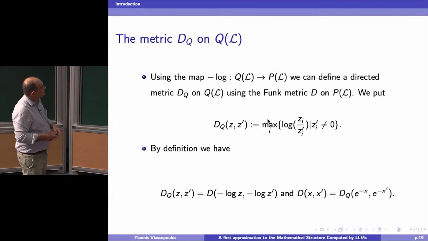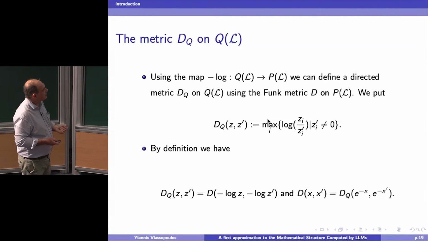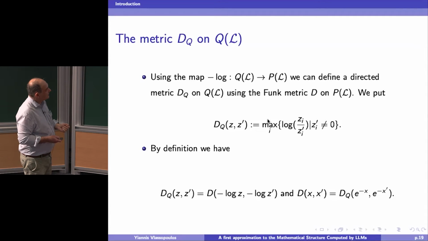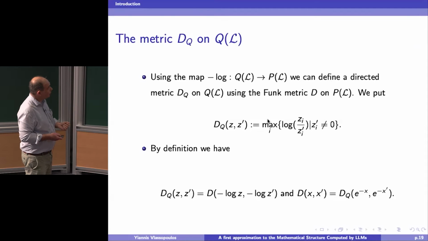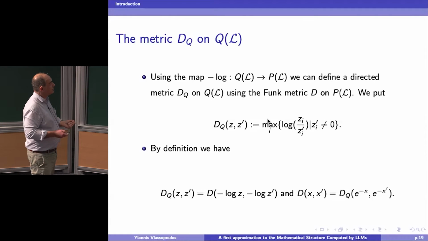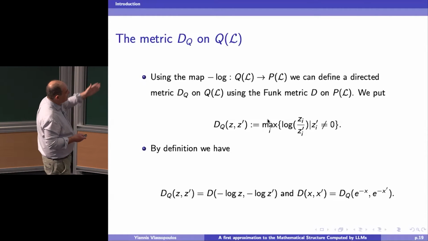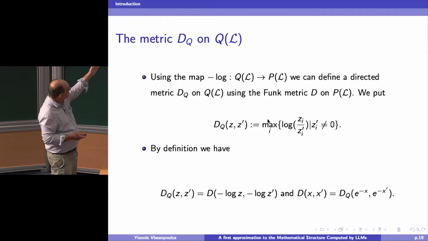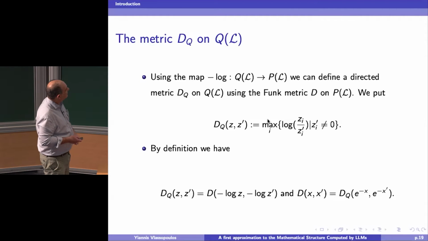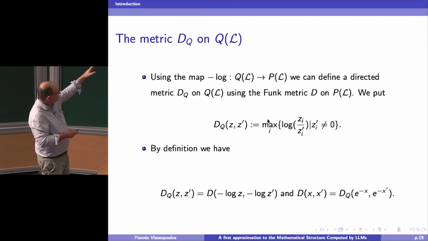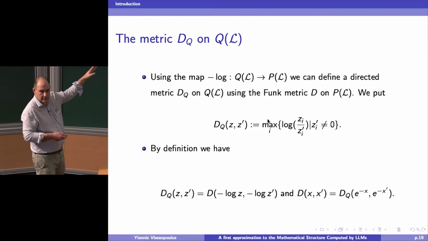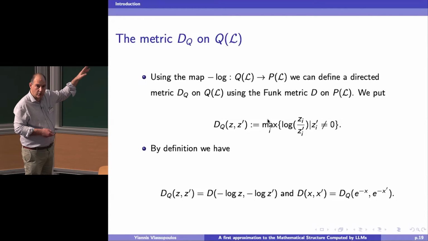And then, of course, you can define the func metric, which defines a metric on this polyhedral cone. So this is actually a directed metric cone also. If you just directly apply the map minus log, you will get that this is the metric on this polyhedral cone.